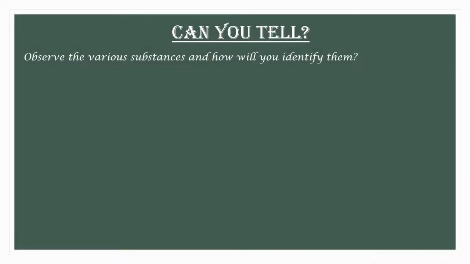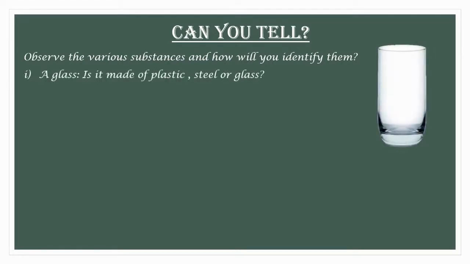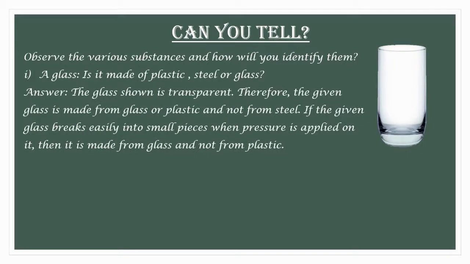Now students, by observing the various substances, can you tell how you will identify them? Is a glass made of plastic, steel or glass? Yes, the glass shown is transparent, so the given glass is made from glass or plastic and not from steel.